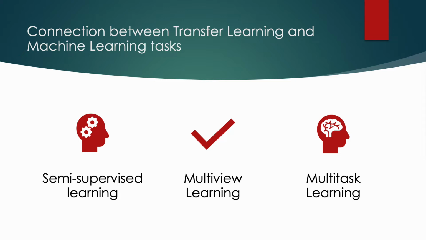It draws both labeled and unlabeled instances from the same distribution. This is where it differs from transfer learning, because in transfer learning the source and the target domains differ, but transfer learning does adopt a few concepts from semi-supervised learning.